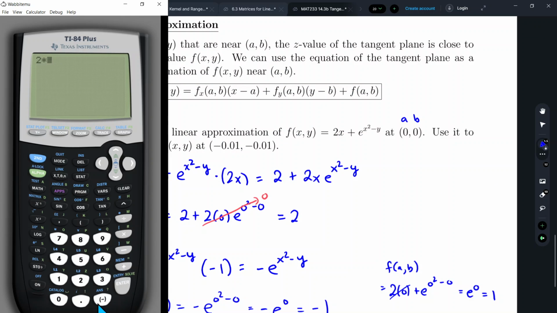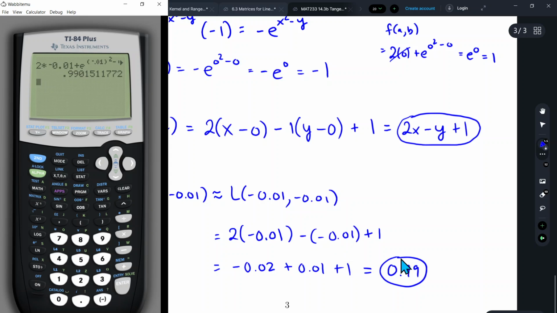So 2 times negative 0.01 plus e raised to the negative 0.01 squared minus y, which was also negative 0.01. Okay, so this is the actual value of the function at this point, and you can see that our linear approximation is fairly close to it.